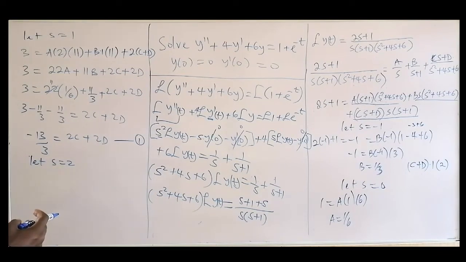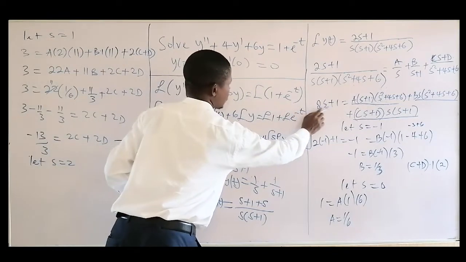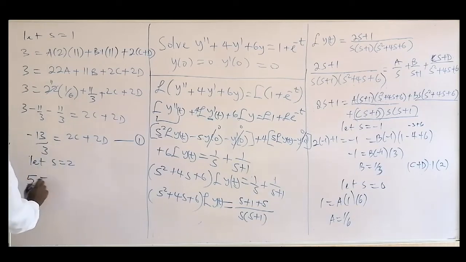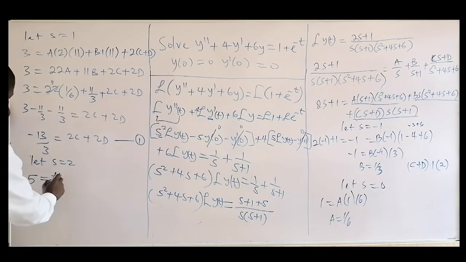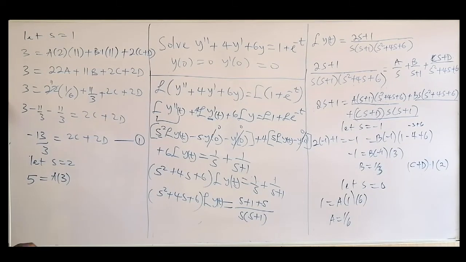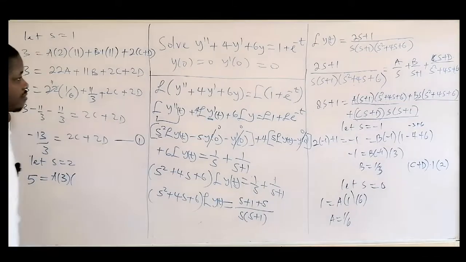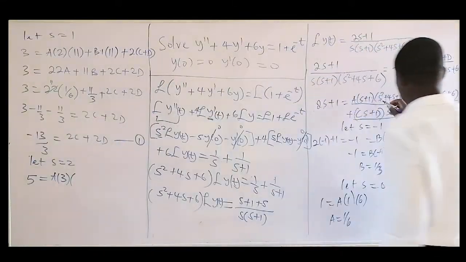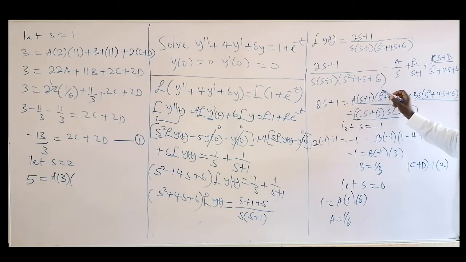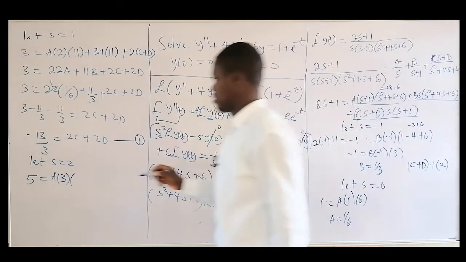If x equal to 2, we're going to have 2 times 2 plus 1, that's 5, equal to a into bracket, x plus 1, that's 2 plus 1, that's 3, and then here you have 2 square, that's 4 plus 8 plus 6, and that will give us 18.